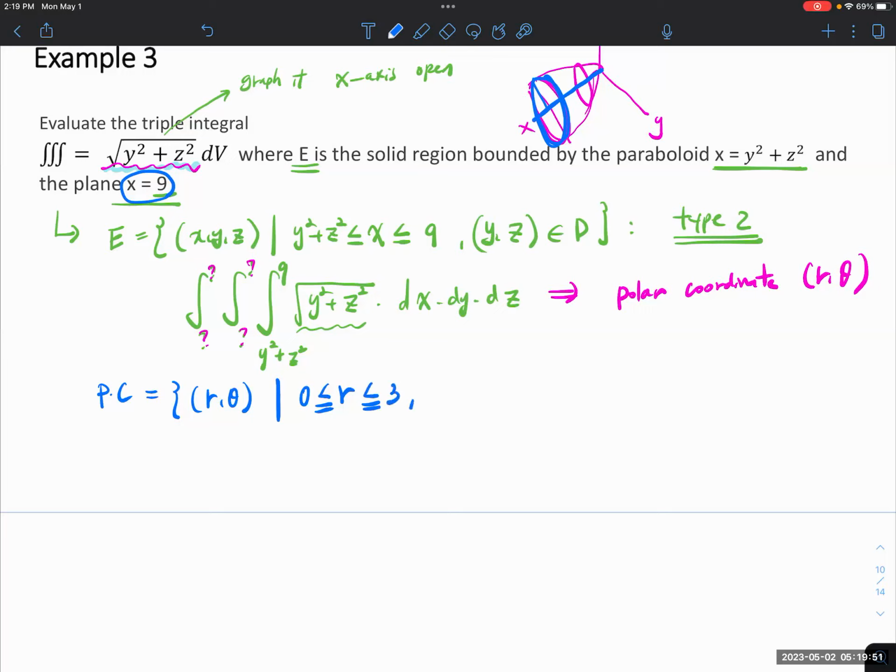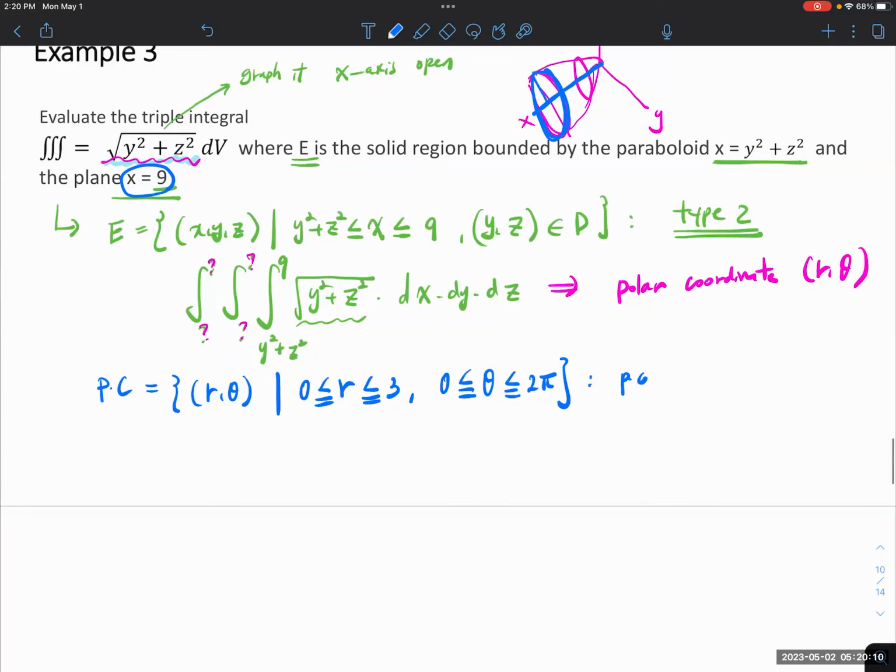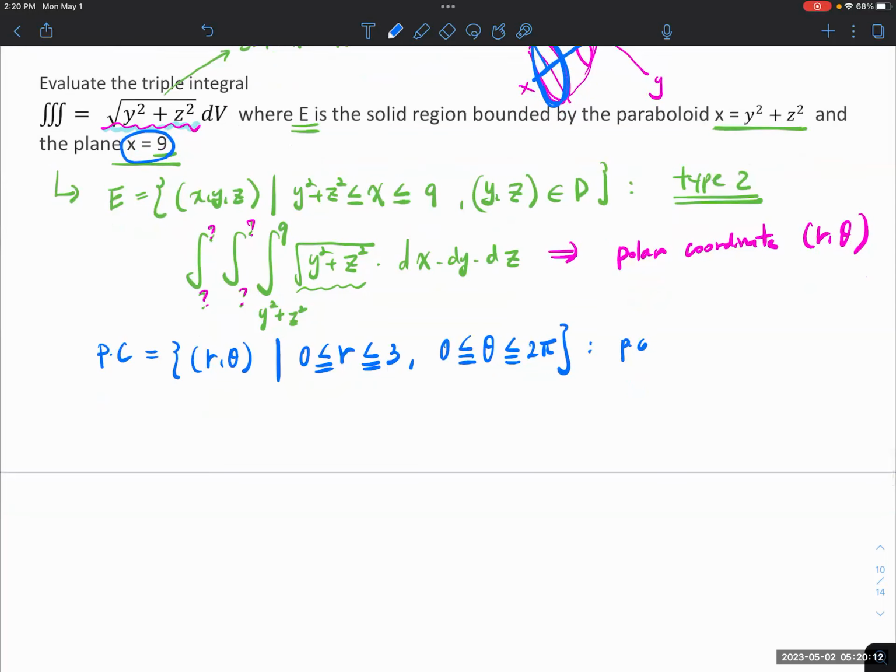And if you remember, for the full circle it's always 0 to 2 pi. That's how I converted; this is the new interval in terms of the polar coordinate system. We're going to convert this ugly triple integral into the polar system.